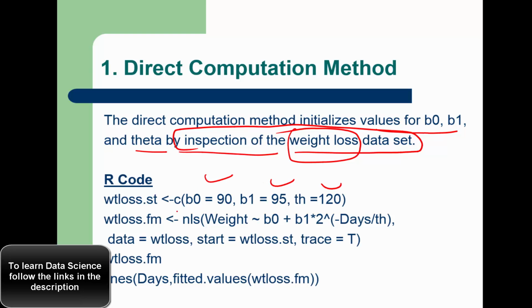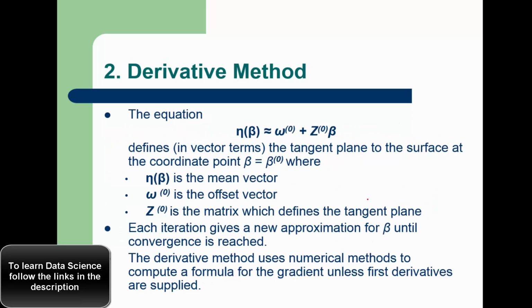We assume beta naught, beta 1 and theta to take some values, purely given from the data that we have, and then we fit the model that we saw in the previous slide. We do that iteratively and find at what values of beta naught, beta 1 and theta we get the minimum of the loss function, or the minimum residual sum of squares, and that's the way we find it out.